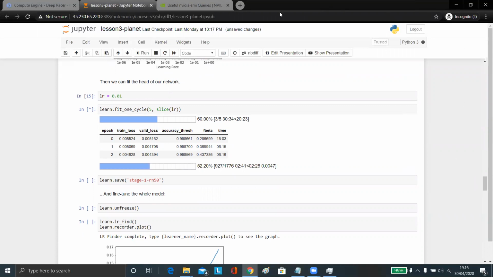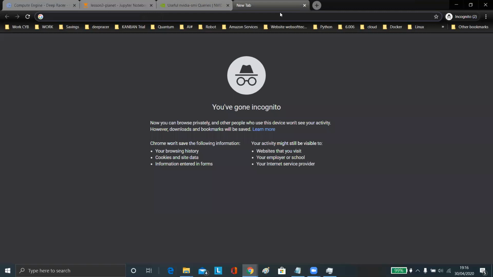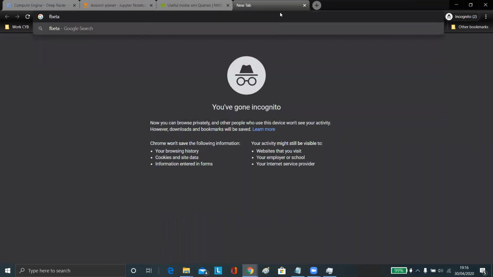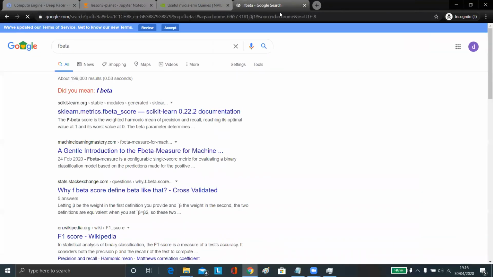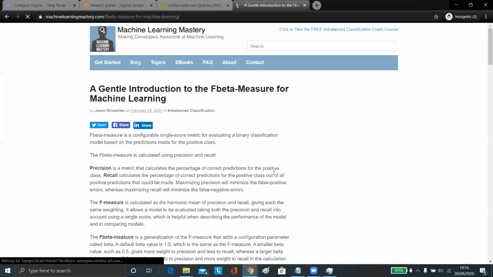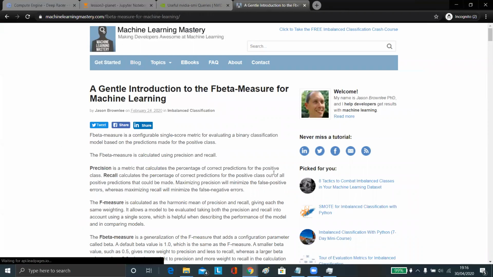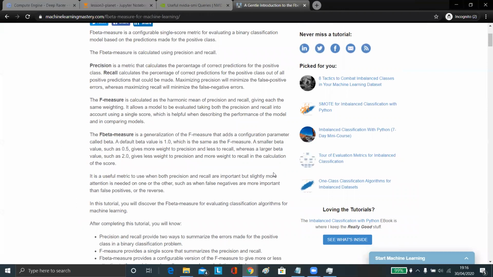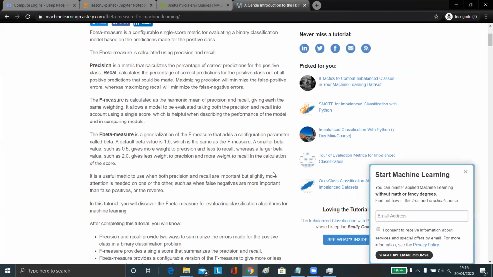So let's see if we can get an example of what F beta means. To be honest, I still haven't quite understood the accuracy threshold there, how that applies to the multi-labels. All right, so it just combines precision and recall.